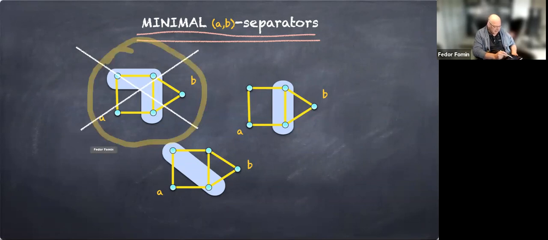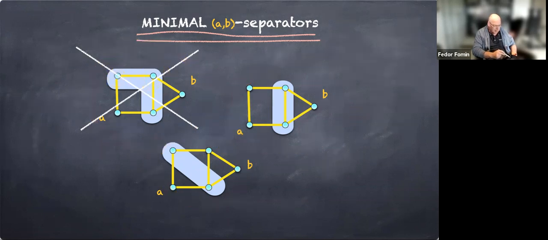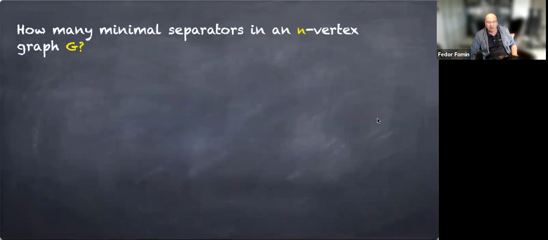Why? Because if I remove this vertex, I obtain a smaller set which is still a separator and is contained in that. Or if I remove that vertex, I will obtain that separator. But the other two separators are inclusion minimal.